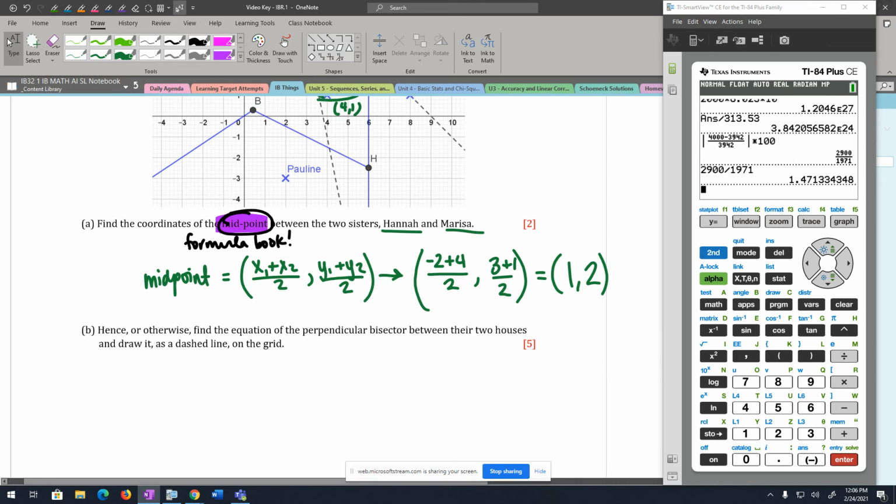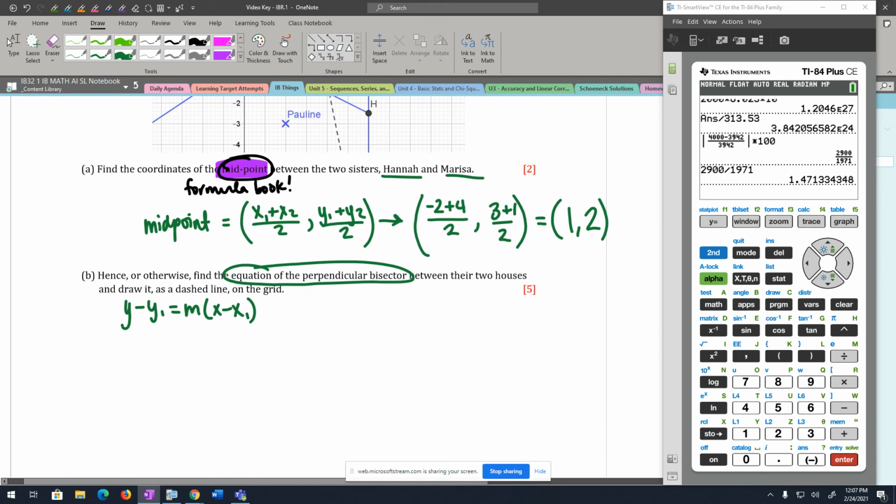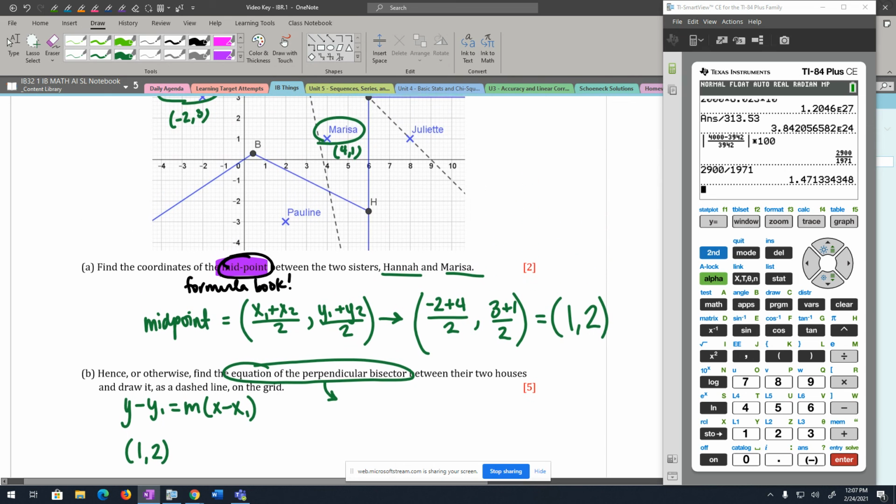Up next, find the equation of the perpendicular bisector. So remember, for an equation of a line, we need 1 point and we need the slope of the line. Well, we've got the point 1, 2, but now we need the perpendicular slope. So let's find the regular slope.